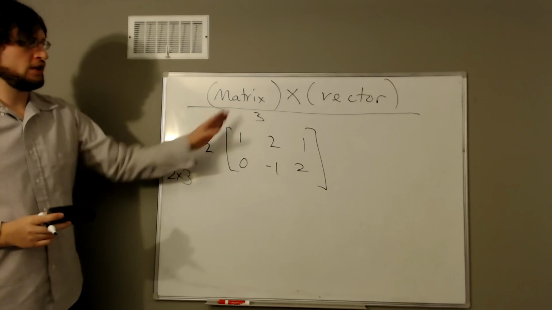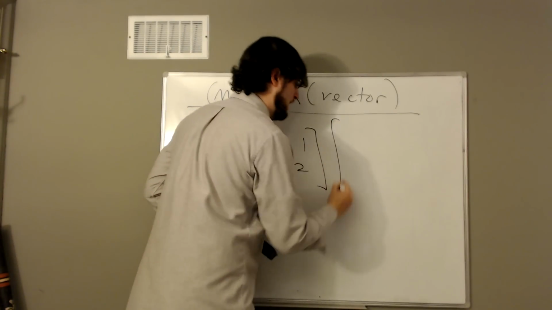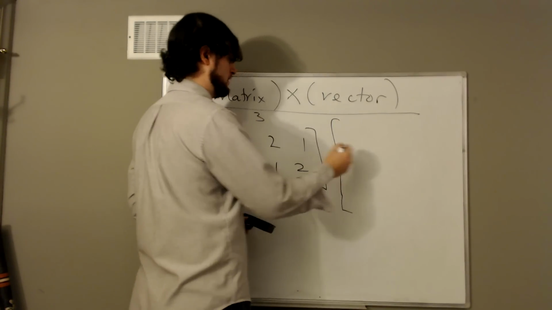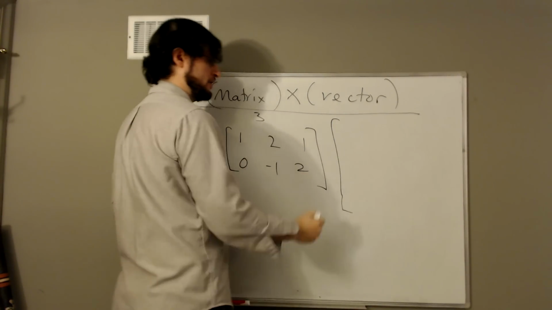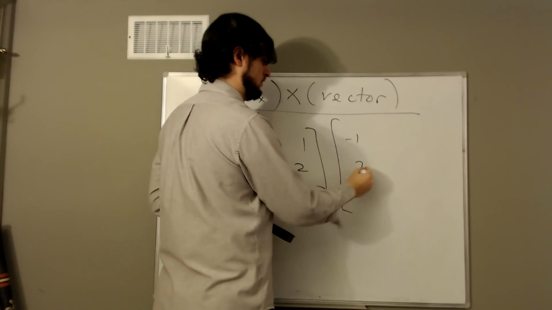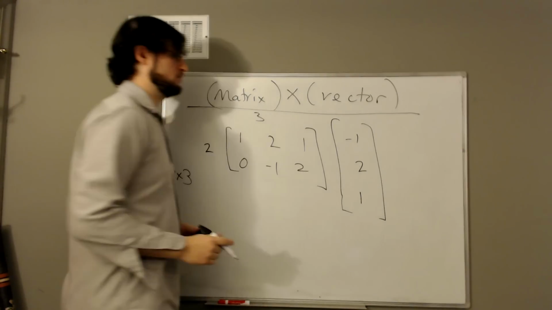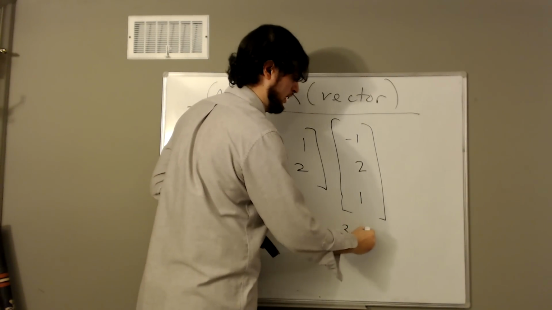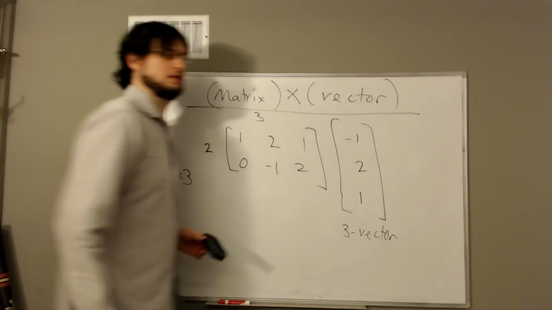I'm going to be allowed to multiply that by a vector that has 3 entries. This 3 here has to match this 3 here. So this is in R3. This is what we'll call a 3 vector because it's a vector in R3.